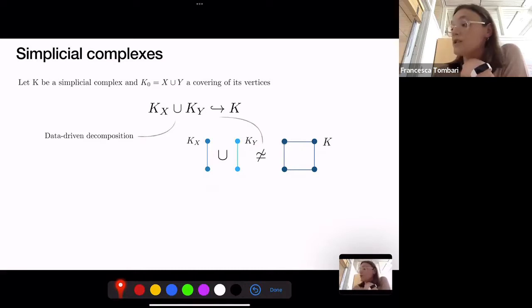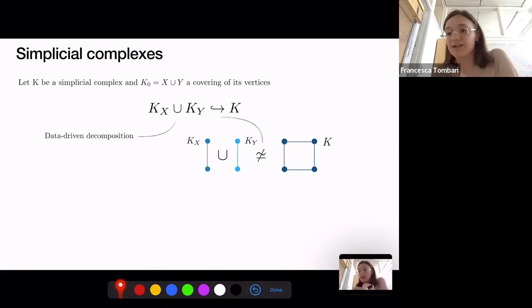Of course, this is not a homotopy equivalence because they are completely geometrically different objects. The data-driven decomposition has two connected components, whereas K has one cycle, and the data-driven decomposition has none. So they are very different, right?